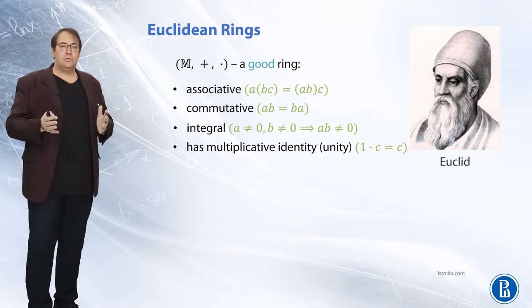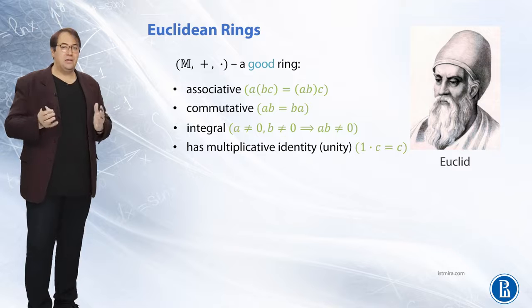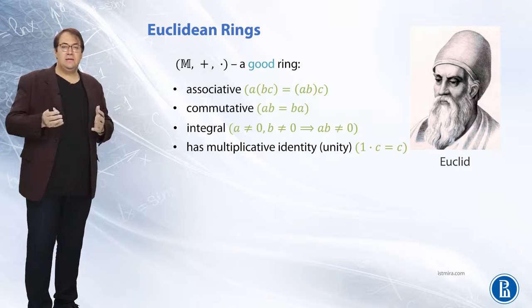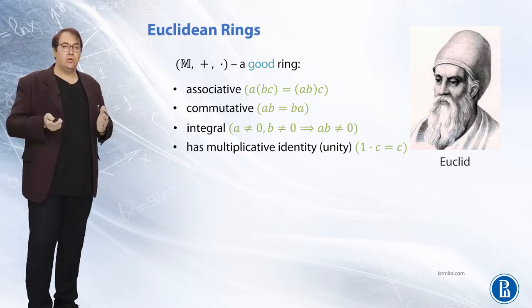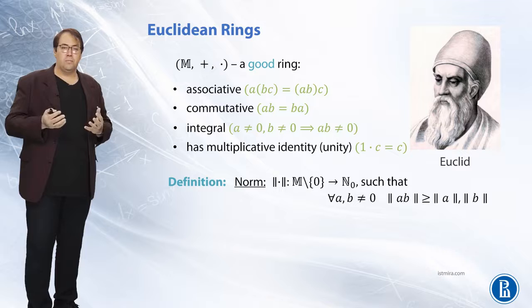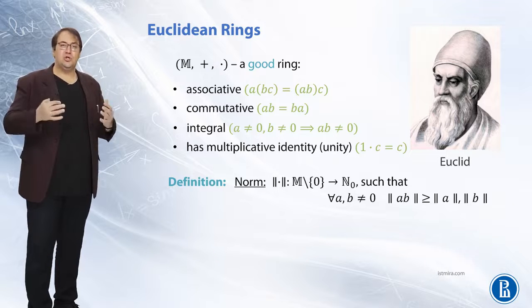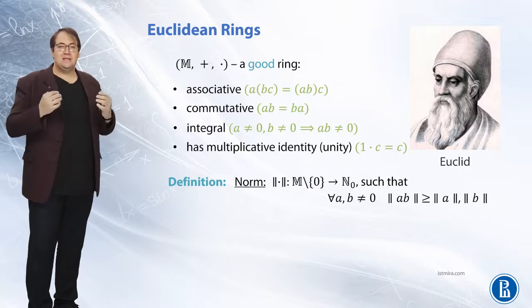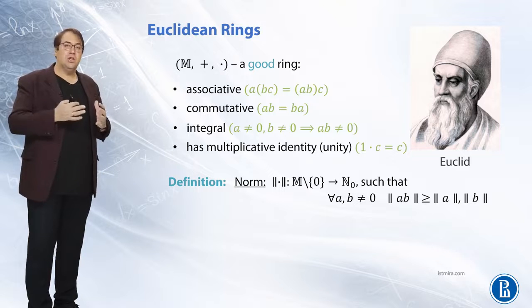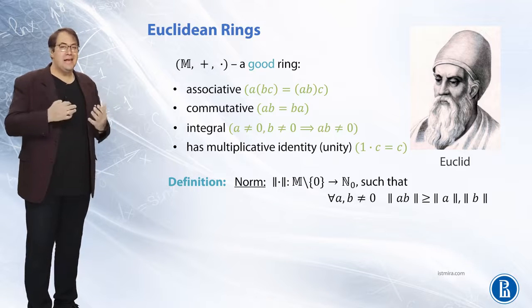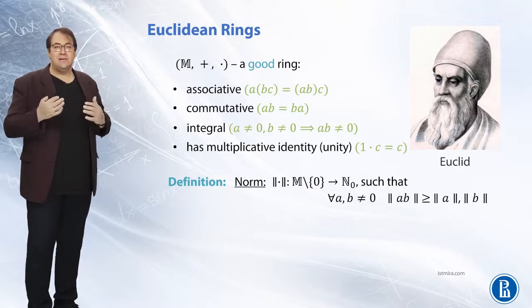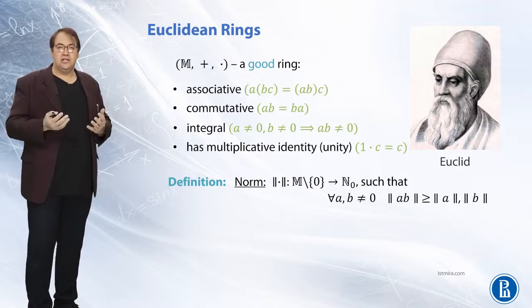And in order to have a Euclidean ring, we need to introduce a norm, the definition of a norm. A norm of a Euclidean ring, future Euclidean ring, is a function from all non-zero elements of the ring M into the set of non-negative integers.